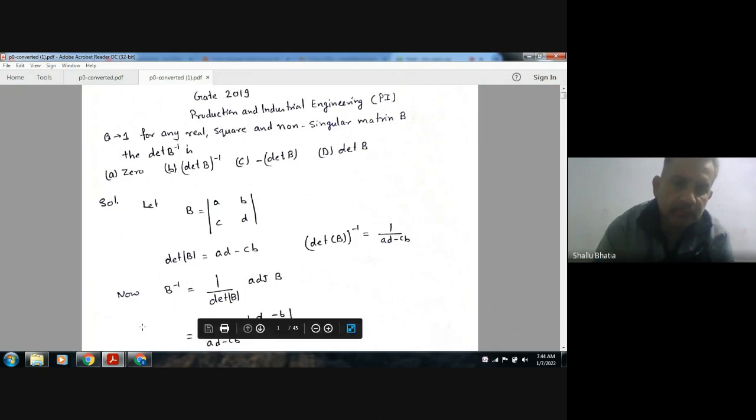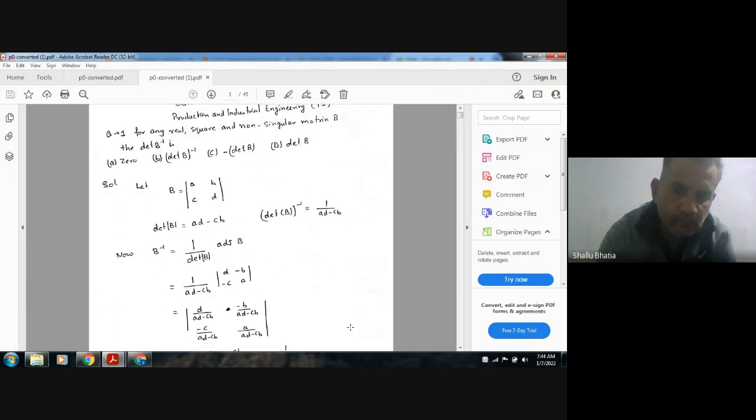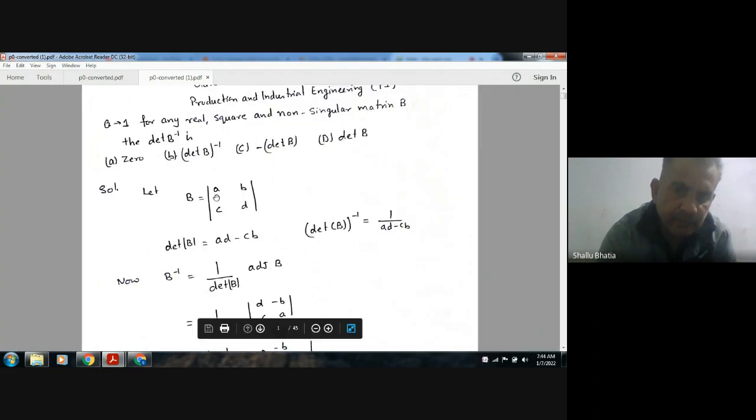Its determinant is AD minus CB, and the determinant of the inverse will be 1 by AD minus CB.